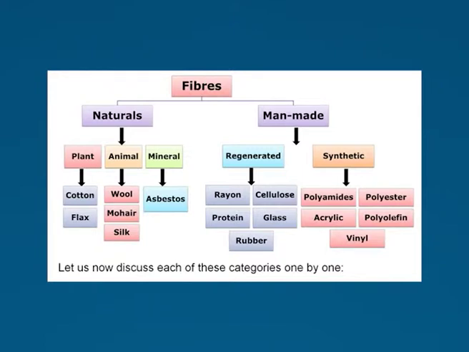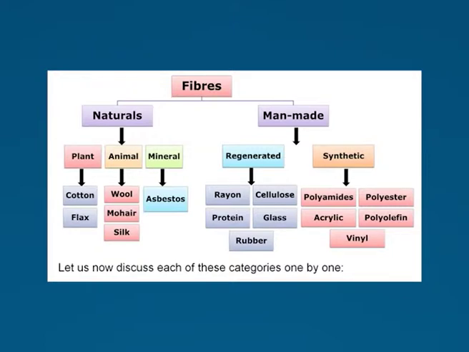Now, on the screen, a detailed chart is shown where all the fiber types are presented below. Fibers are mainly categorized into two: the natural fibers and the man-made fibers. The natural fibers are mainly from plant, animal and mineral resources.